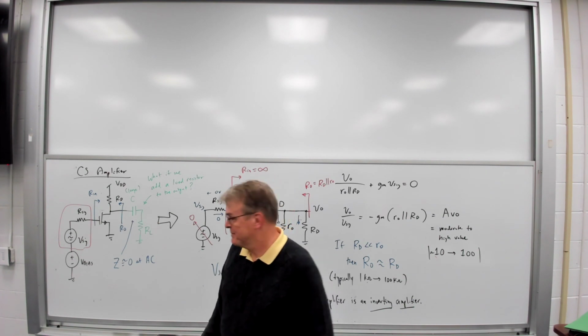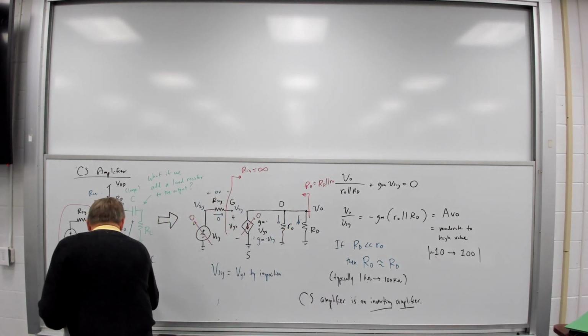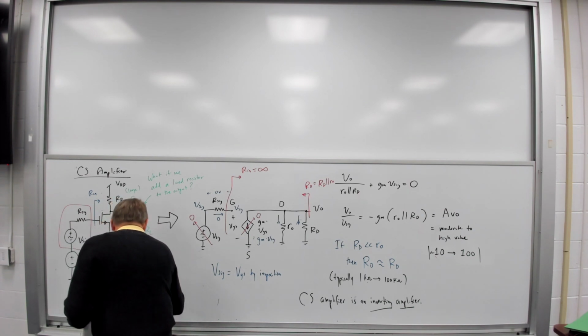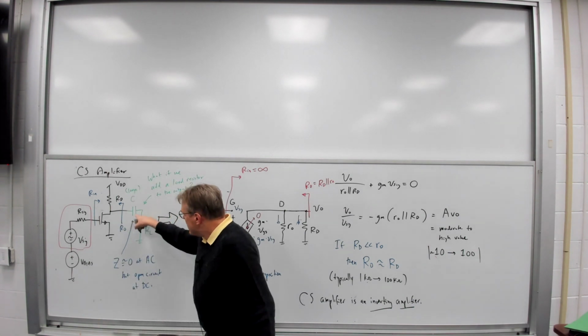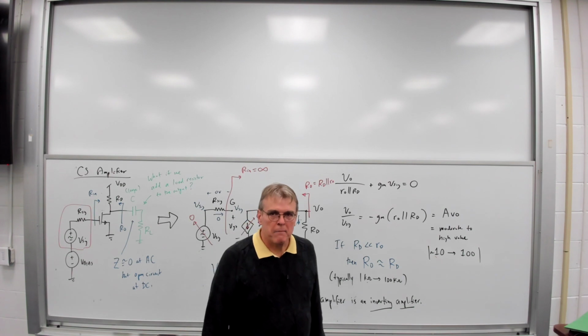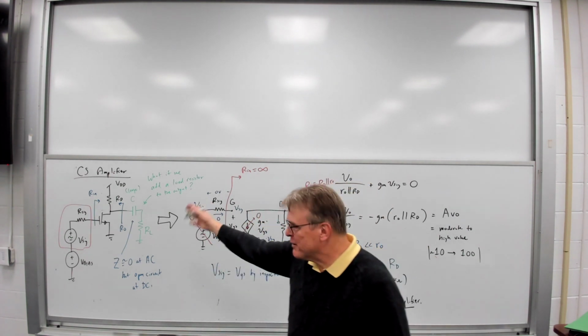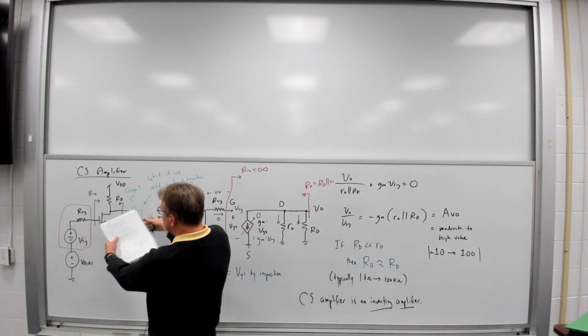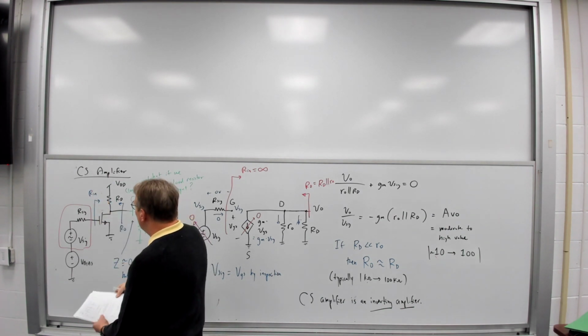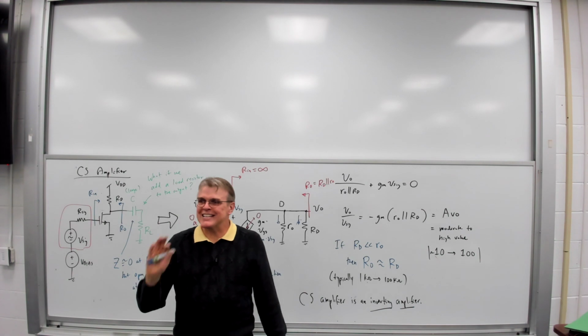At DC, it's an open circuit. Is adding that capacitor and this load resistor going to change the bias point of that amplifier? No. The drain current will be, in other words, when you're doing the DC analysis, this is disconnected. So the bias calculations remain exactly the same.